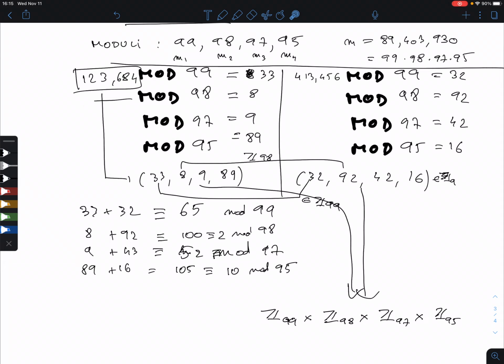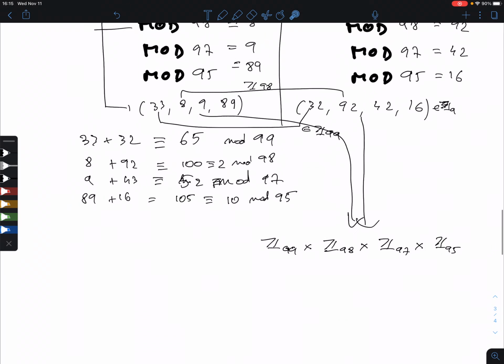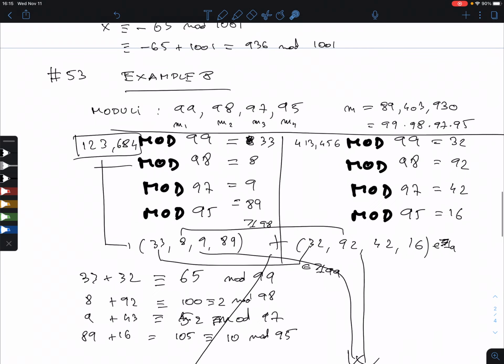So what we have found is this. What is the tuple that we have by adding these 2? We added these 2 and we found the tuple 65, 2, 52, 10. These are the results. This is where I get these numbers from. This is now the tuple that represents the sum of this number and this number.